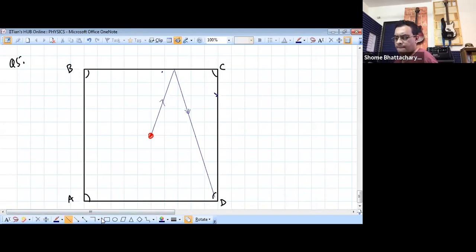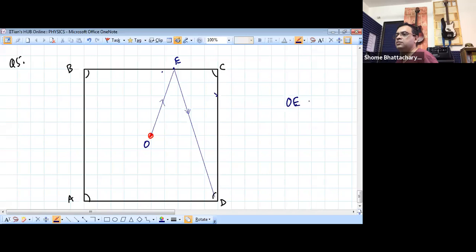You have to find the magnitude of the displacement from the center to the front side. So let us say, where it is hitting on the front side, उस point को मैं label कर रहा हूँ. Suppose this point is E, okay, and the center point is the centroid, so it's O.